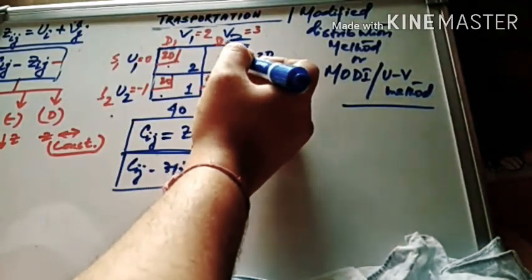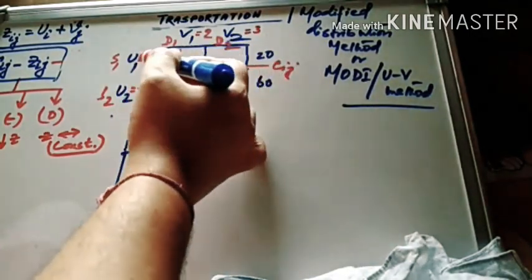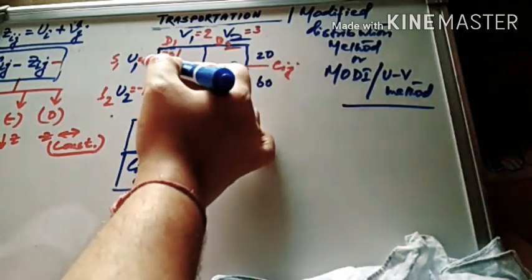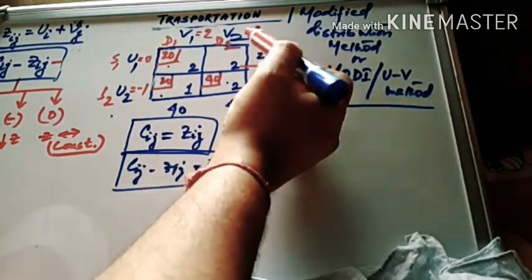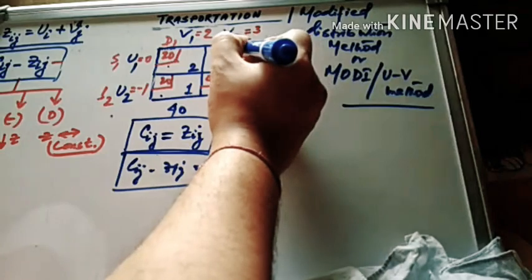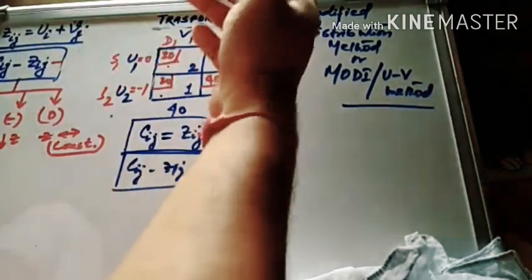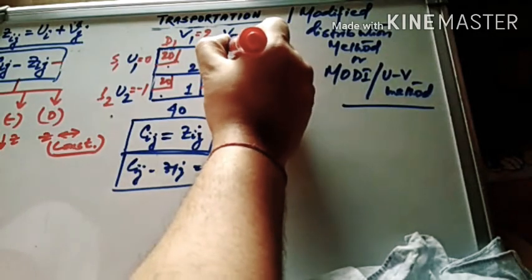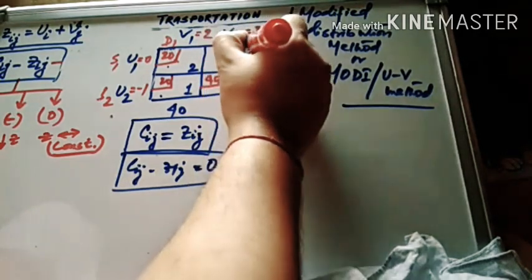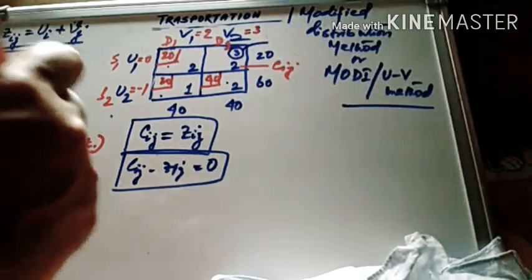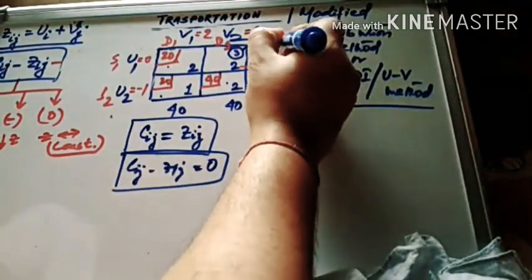For this cell, the Zij value is Ui plus Vj. Ui is 0 and Vj is 3. So the Zij value is 3. I can write it over here as 3. 3 is the Zij value.